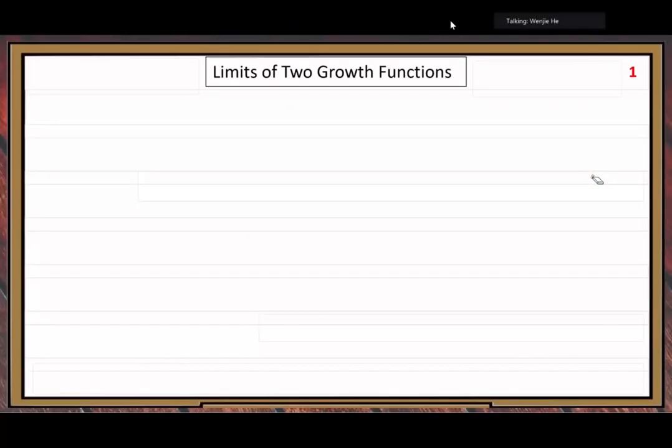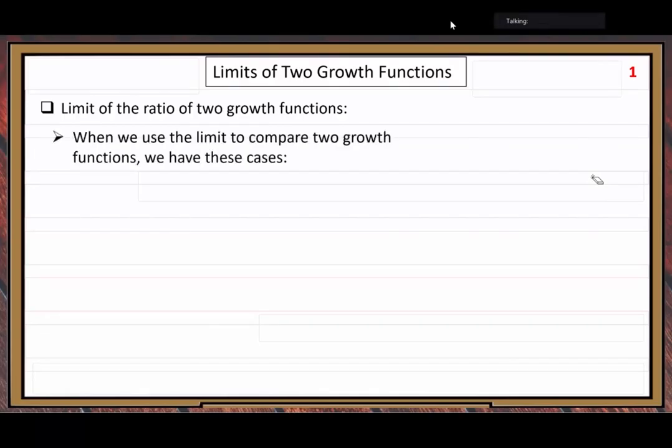All right. Let us look at the limits of 2 growth functions. When we compare 2 growth functions for 2 algorithms, usually we use the limit of the ratio of the 2 growth functions to compare.